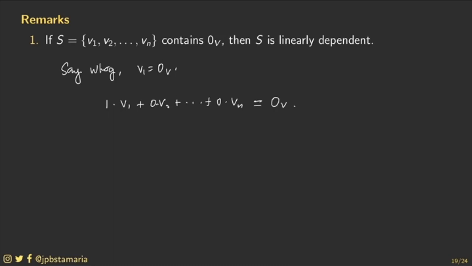And as you can tell, this collection of scalars are not all 0 because one of them is not 0, namely the scalar 1. So if one of the vectors in a collection or in a set is 0, the conclusion is that it's linearly dependent.